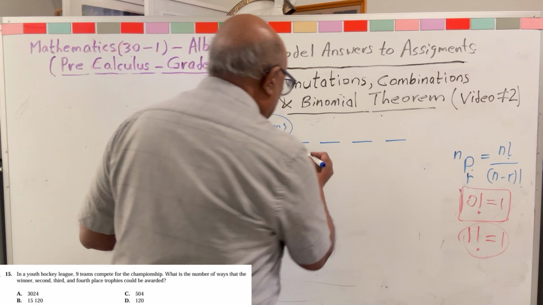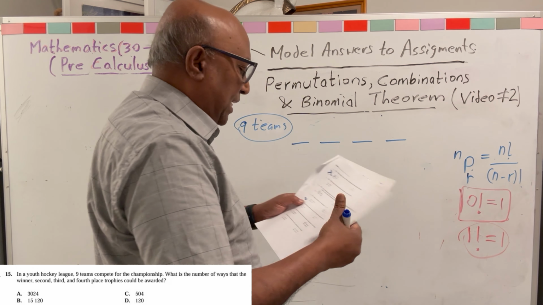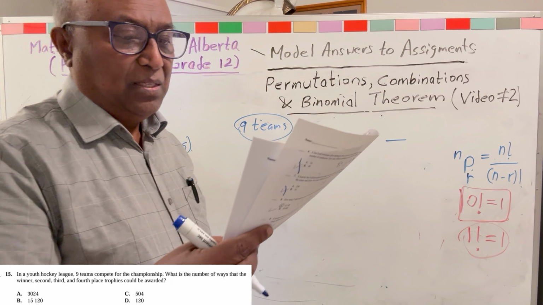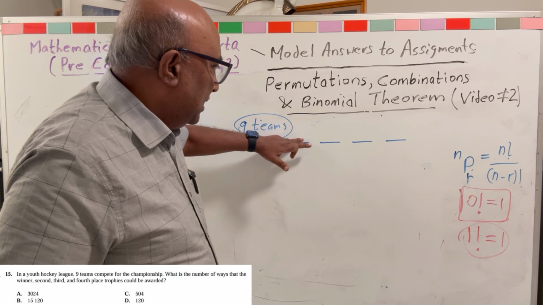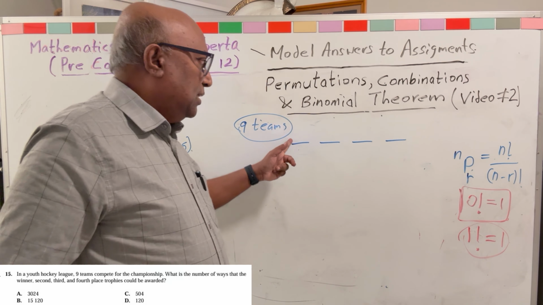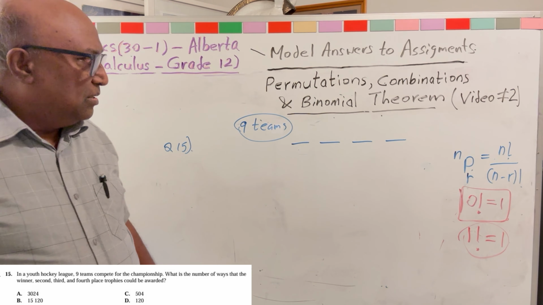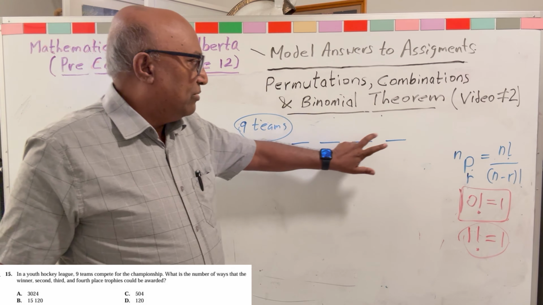Those are actually just 4 different places, okay? They were given different names: winner, second, third and fourth places. That means we have to shuffle these 9 teams in these 4 places. This is also a kind of permutation. We can use the fundamental counting principle like 9, 8, 7, 6.